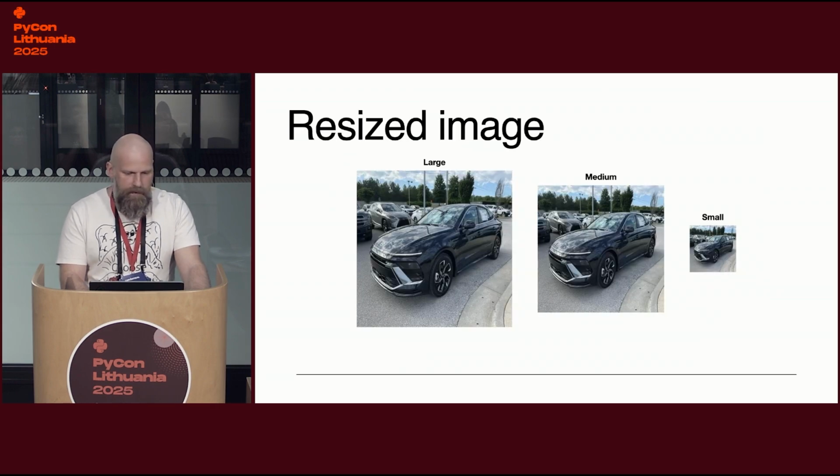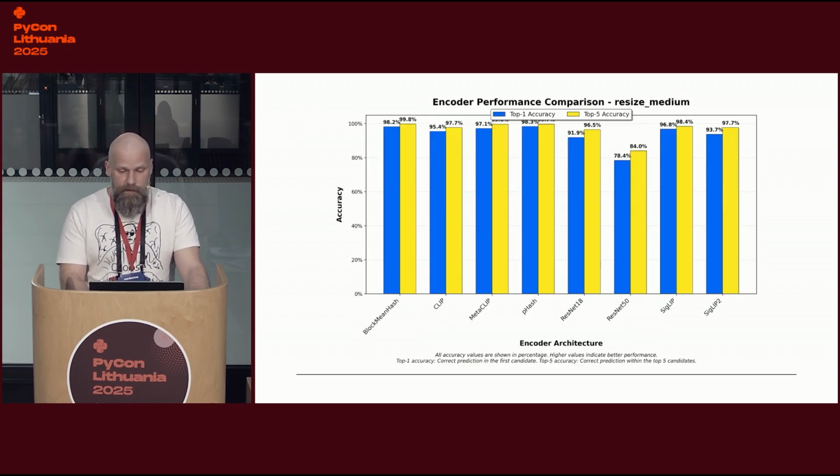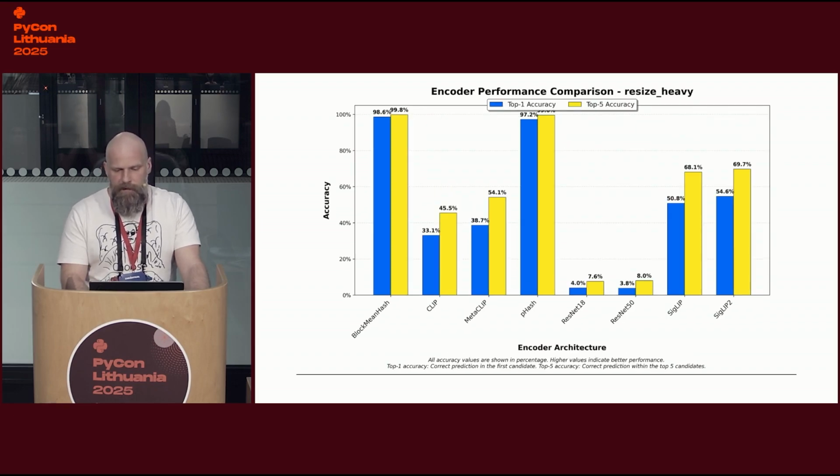So let's see if we resize the image, what will be the impact? If the resolution is still quite large, but smaller than the original, the impact is also minimal. Only one method performed poorer, not sure why: the convolutional network with large embedding size. But if we resize to a thumbnail-sized image, we get quite different results.